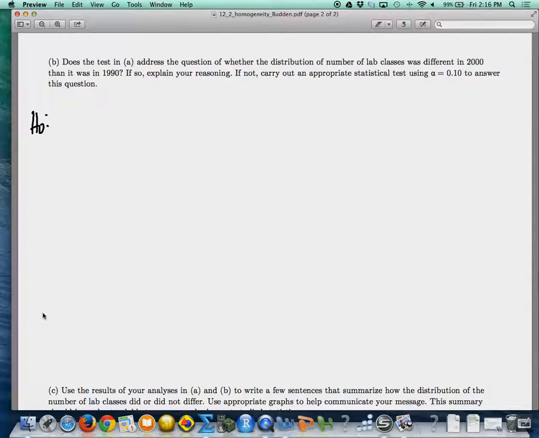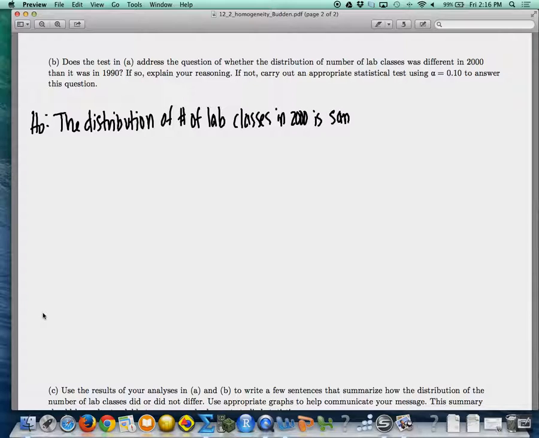So my null is going to be that the distribution of the number of lab classes in 2000 is the same as in 1990.